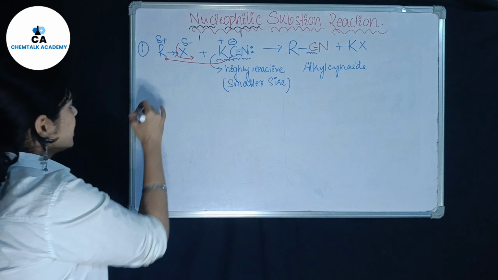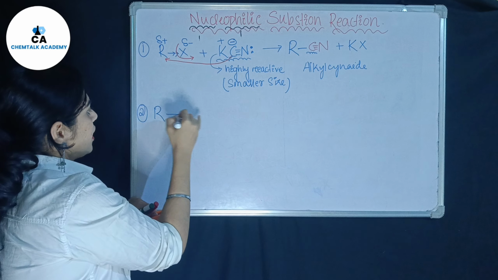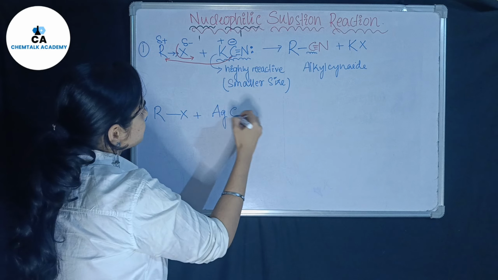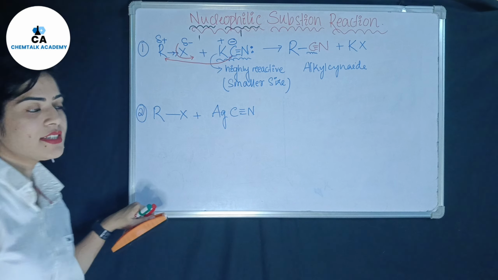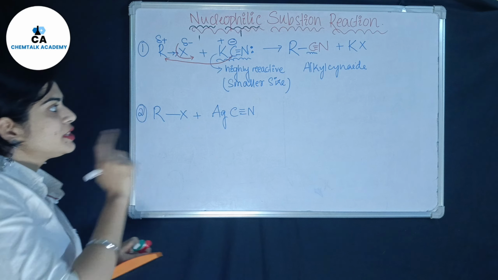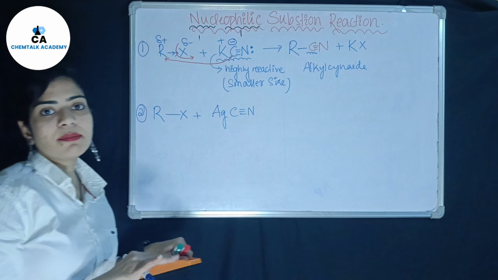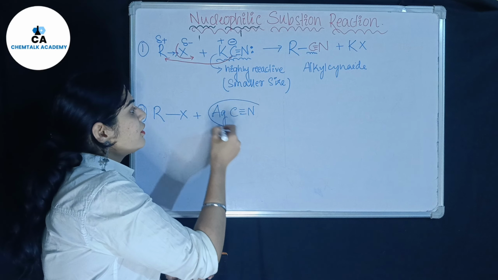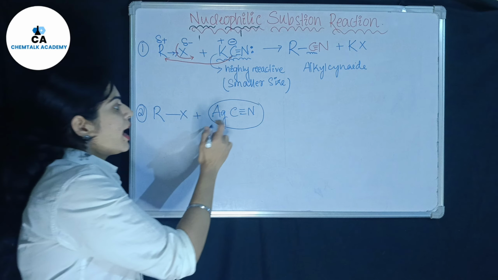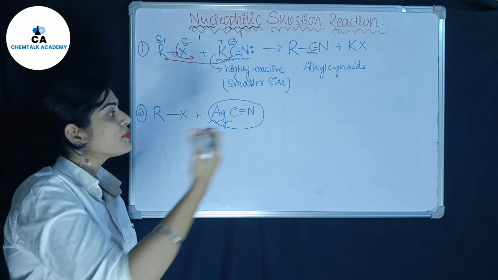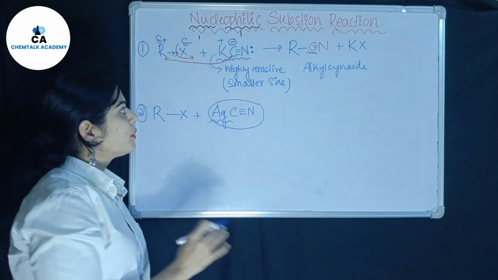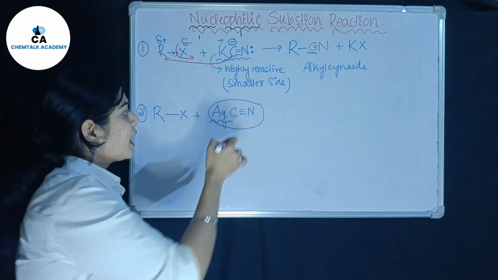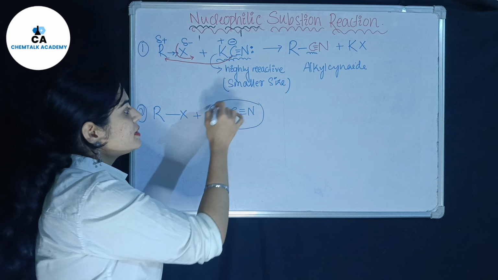Similarly, we will take another example: RX when reacted with AgCN. Now tell me, which linkage will be from which side, from the carbon side or the nitrogen side? Here also focus on the same thing. First see whether it is an ionic compound or a covalent compound. Ag always forms a covalent compound. Here carbon is already bonded with silver, so it is already busy.